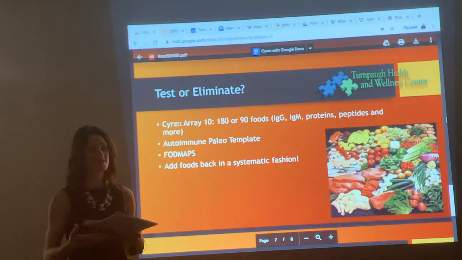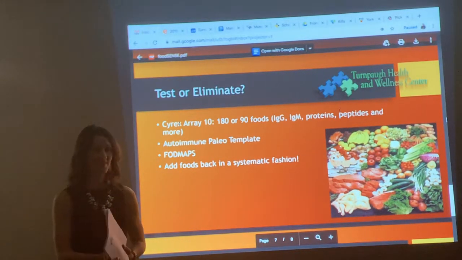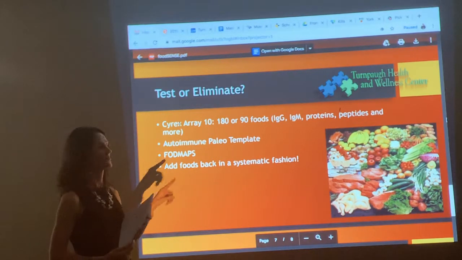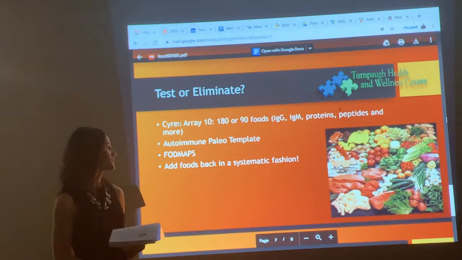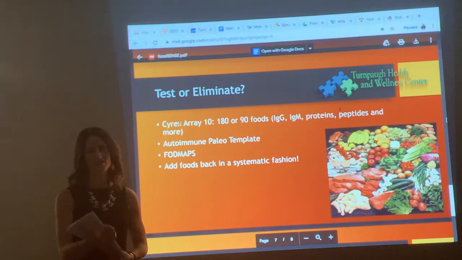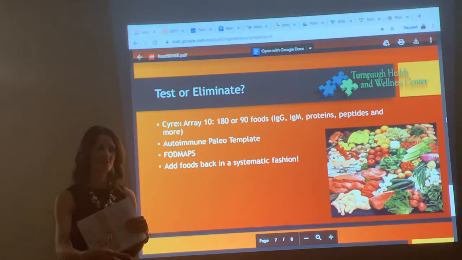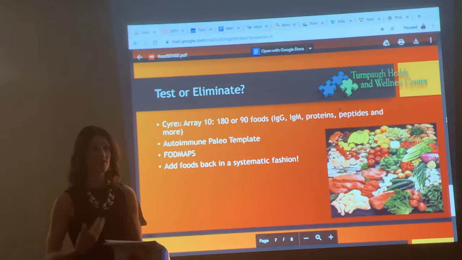So, if this is something that feels easy to implement, okay? I'm just going to jump down to this one and then I'll come back to FODMAPs. When we look at strategically adding foods back in a systematic fashion, we do have a strategy to it. It's not just haphazard, because that can also feel really confusing. It's also really hard to understand symptoms.